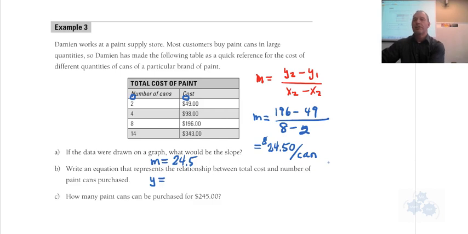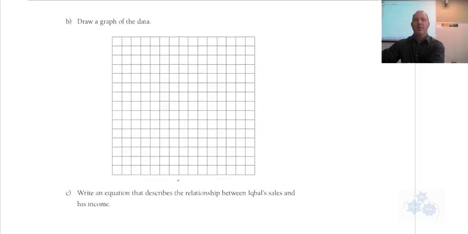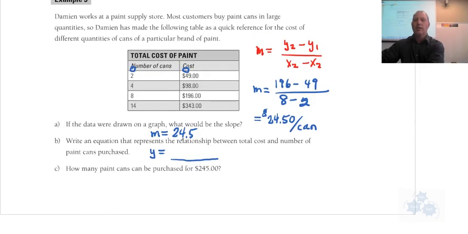It's a direct relationship. So what is the equation given what we have in A there? Y equals cost. Okay, what am I writing on this side? So remember this? This is the whole point of the lesson, right? Y equals mx. So I have m is 24.5.